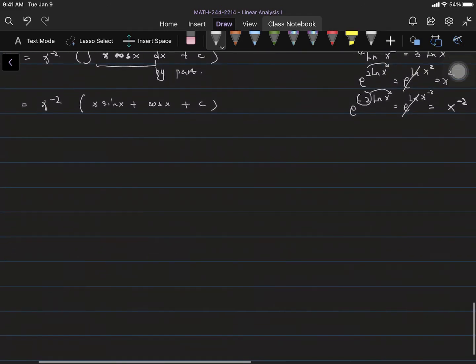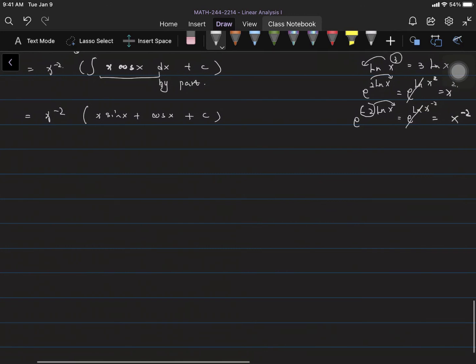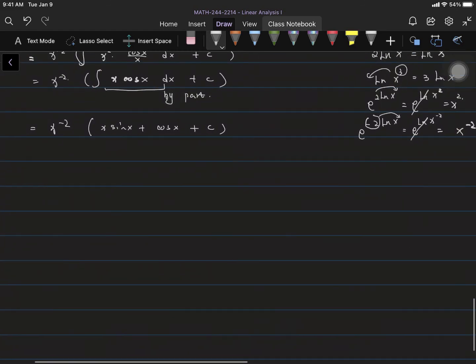Okay. That's the solution. If you forgot integration by parts, you can go to the same calculus 2 chapter 5, I think, and review integration by parts.